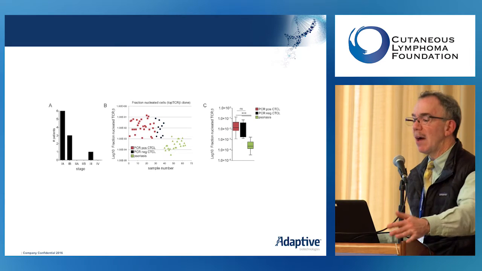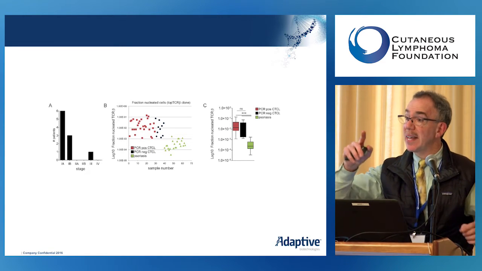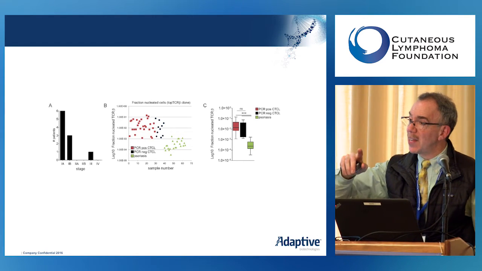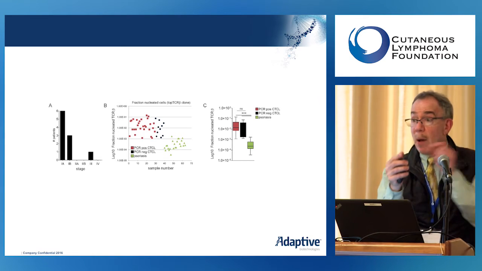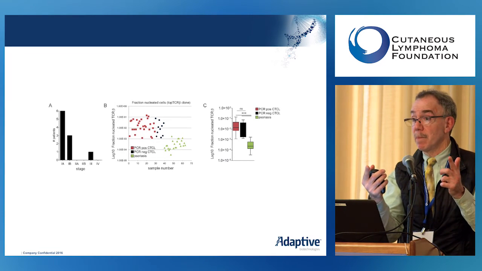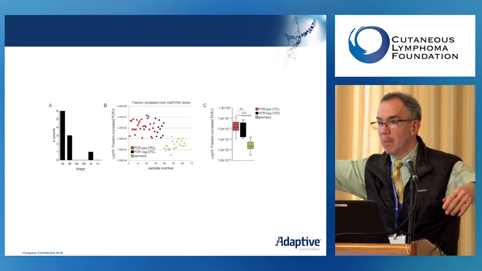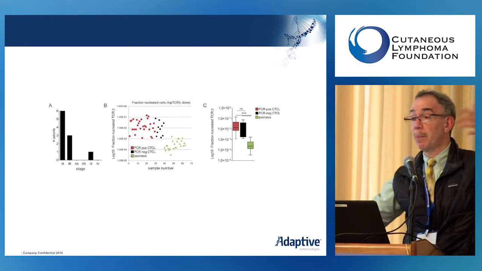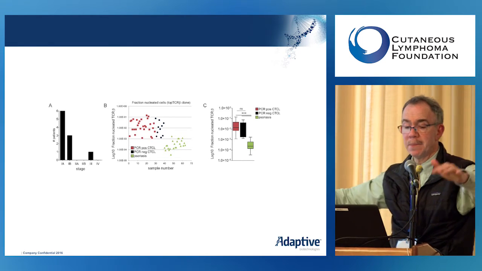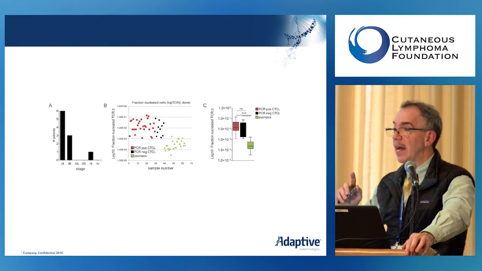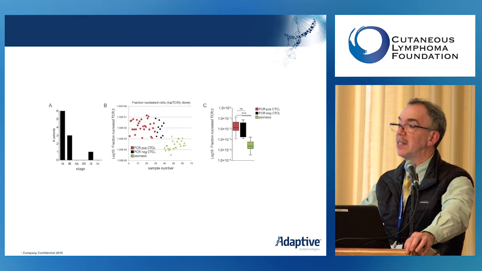Now, having identified that clone and having identified a specific sequence that corresponds to that malignancy, I've now got a unique marker. It's this sequence, AAGATT, et cetera, as opposed to any other sequence that there might be. Now that I have that, I can follow that cell with exquisite sensitivity.